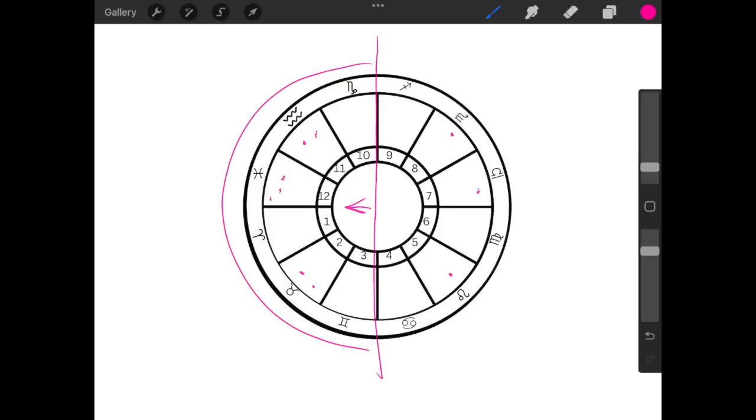And this represents the impact that this individual chart owner is going to leave on the world. So this is where the most dominant cluster of planets are on the left side of the chart.